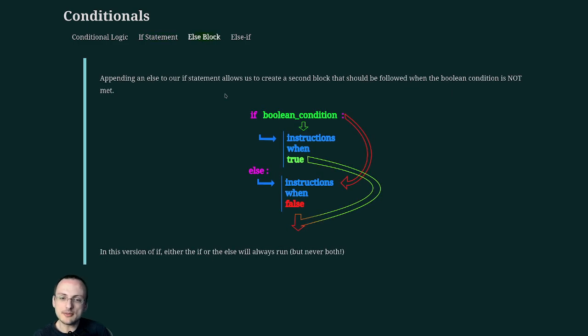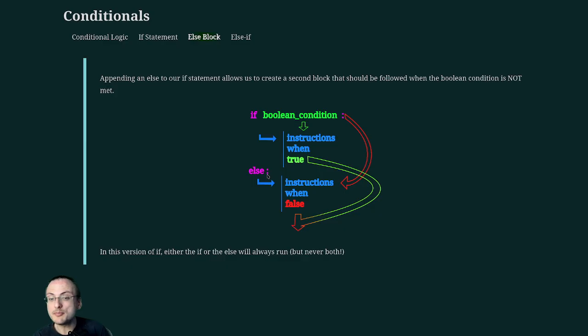So an else statement is a second block that comes immediately after an if. So I might have if my condition, a whole bunch of indented instructions, and then the very next thing when I unindent is else. And else goes by itself.